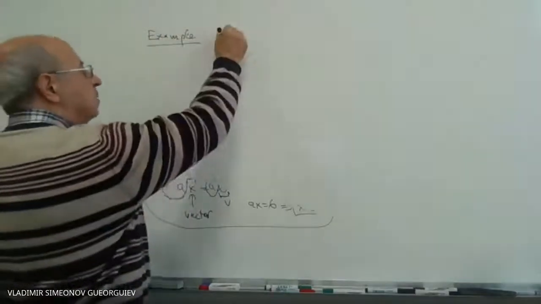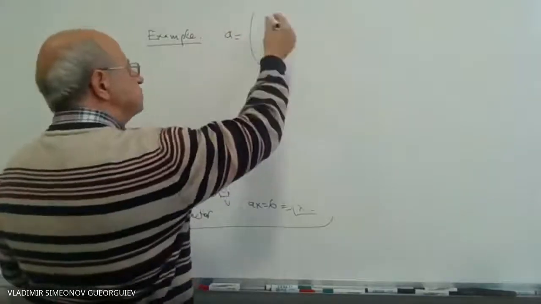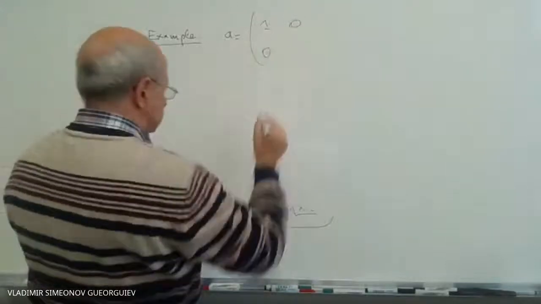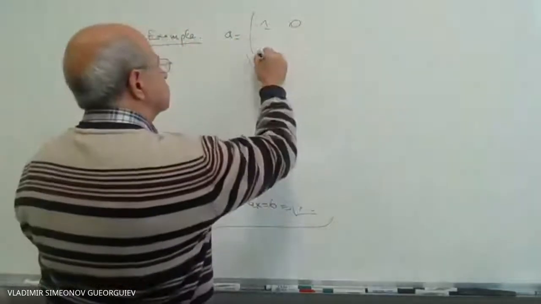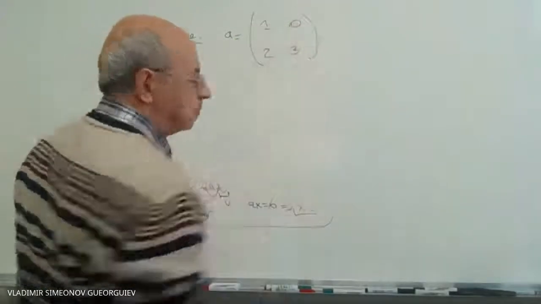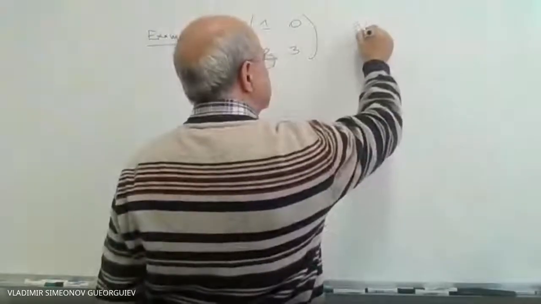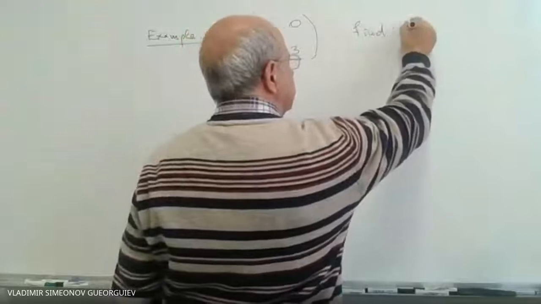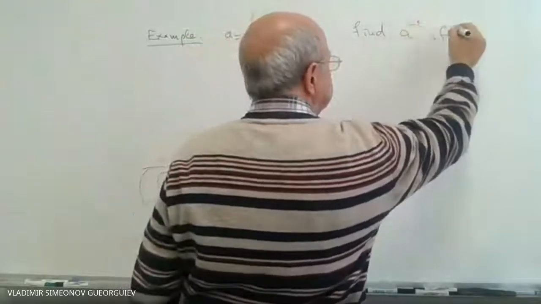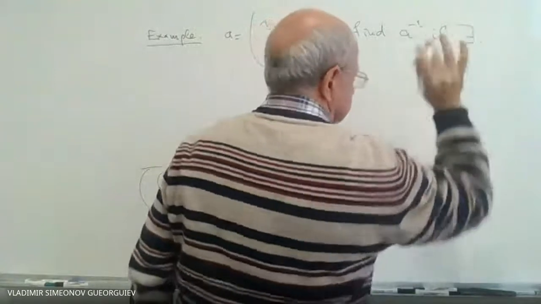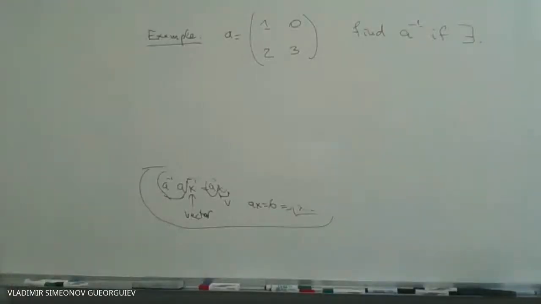Let us take our matrix A to be 1, 0, 2, 3. The goal is to find A minus 1 if it exists, because we don't know whether or not this inverse always exists.